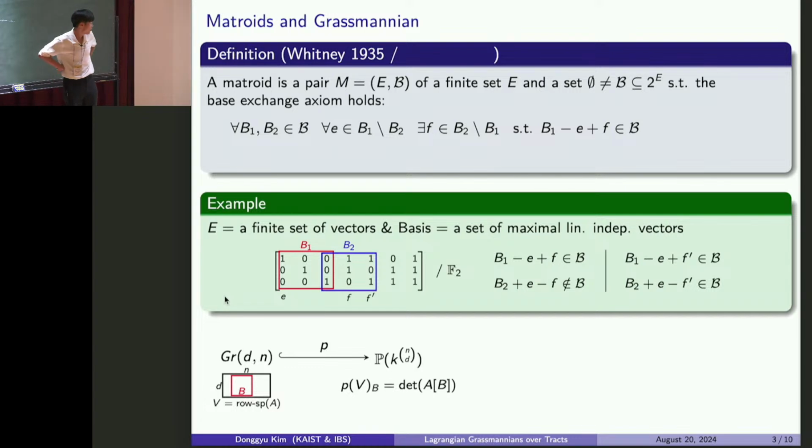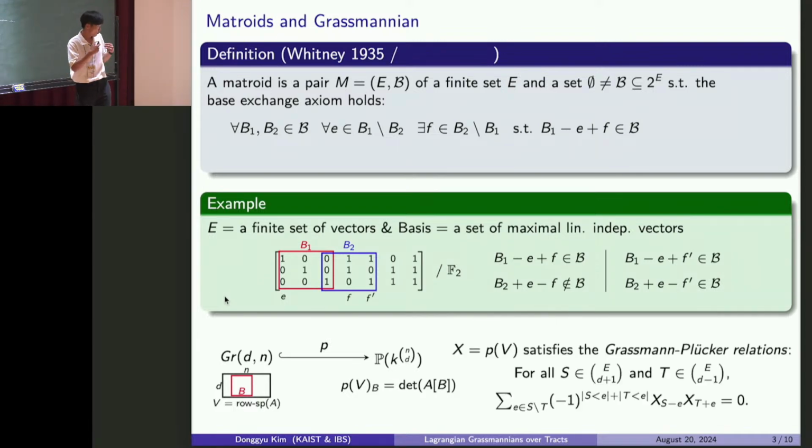And this is the reason why this is quite related with the Plücker embedding. If you have a full-rank d by n matrix, you can embed it into projective space using the maximal minors. And if we consider a point in this projective space which is the image of some vector space, then you can easily check that it satisfies certain quadratic relations.